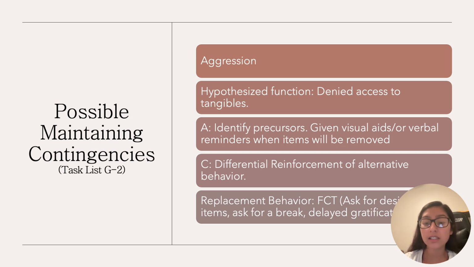The antecedent that has been in place is to identify any precursors and then give visual aids or verbal reminders when items will be removed. The consequence is differential reinforcement of alternative behavior. The replacement behavior that we are trying to teach is functional communication, so asking for a desired item, asking for a break, or delayed gratification.